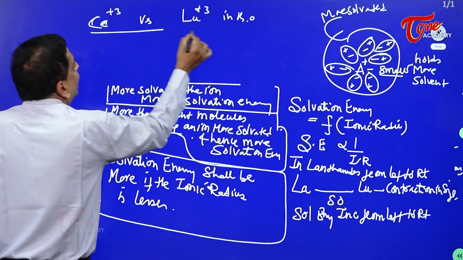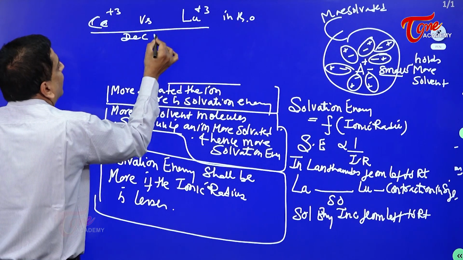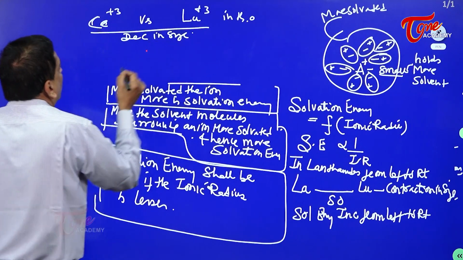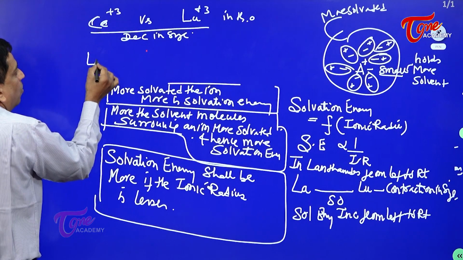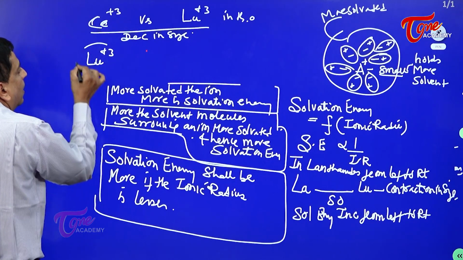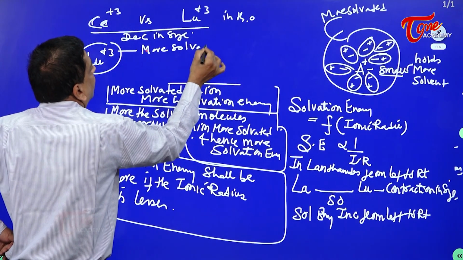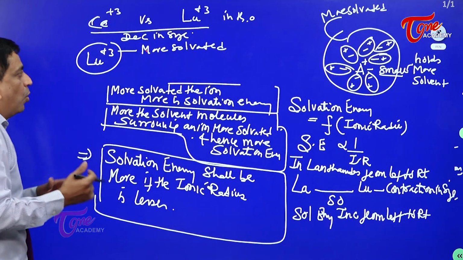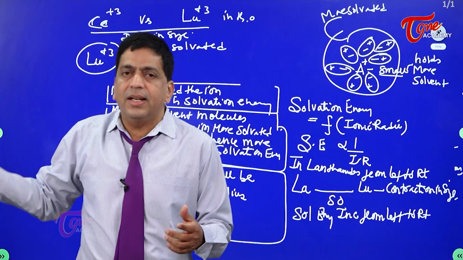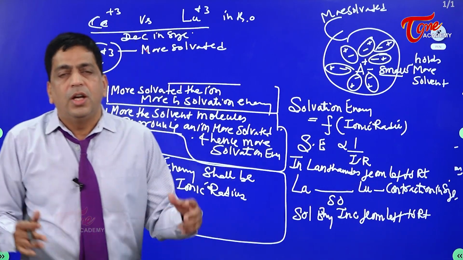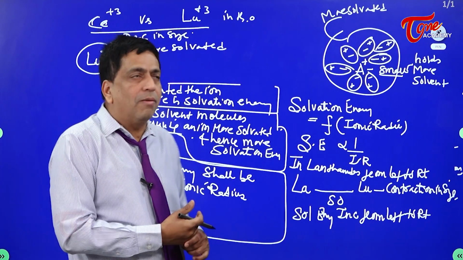So you have a decrease in size. So you can expect lutetium plus 3 to be more solvated, because there is a decrease in size from cerium to lutetium. Smaller the size, more is solvation energy.